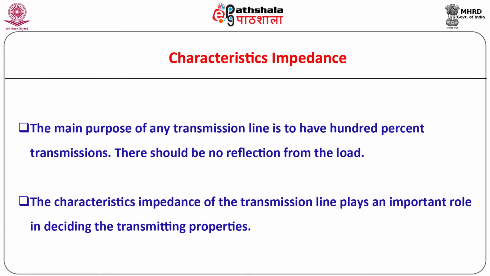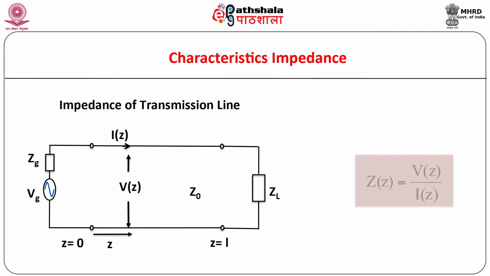Let us consider a system of two parallel conducting wires, which is commonly used for transmission of energy at microwave frequencies. Analysis of a transmission line includes mainly the determination of voltage and current along the transmission line at different distances from the generator at a given time.